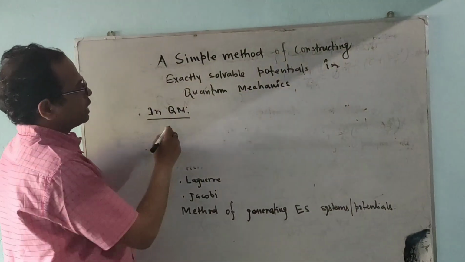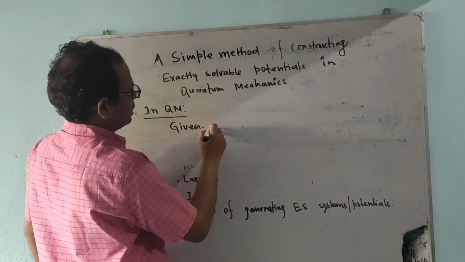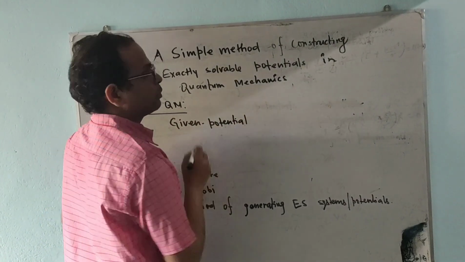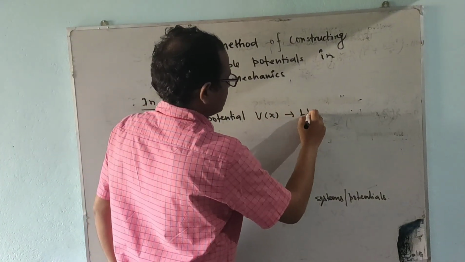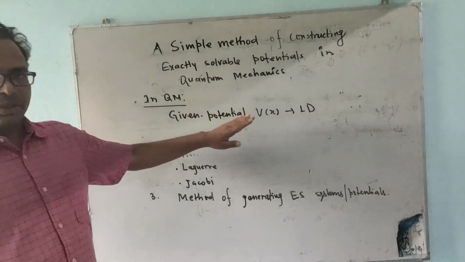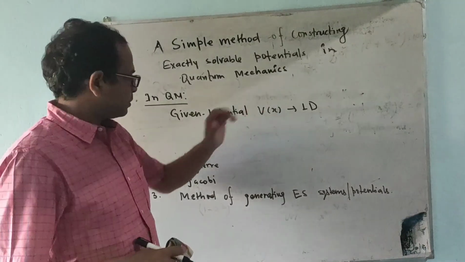Suppose for a given potential, this is V of x, and suppose this is the one dimension case. We can also consider the higher dimension case, but let's consider the one dimension case first.